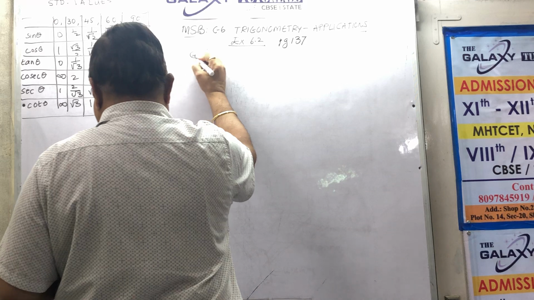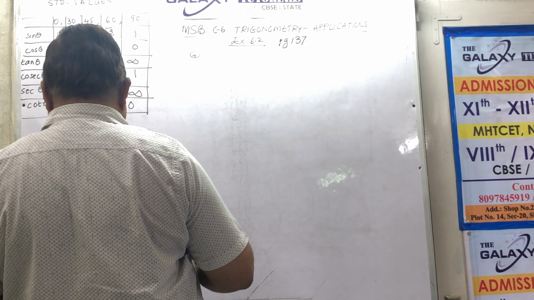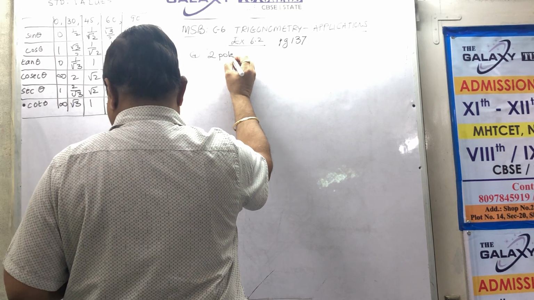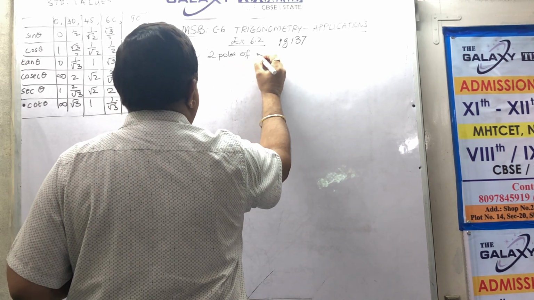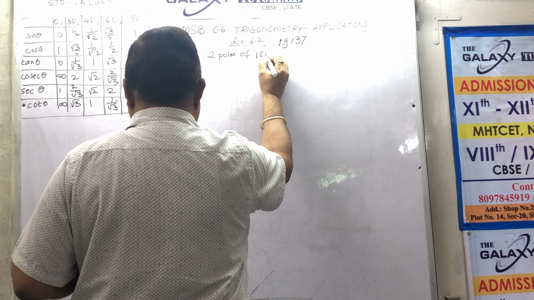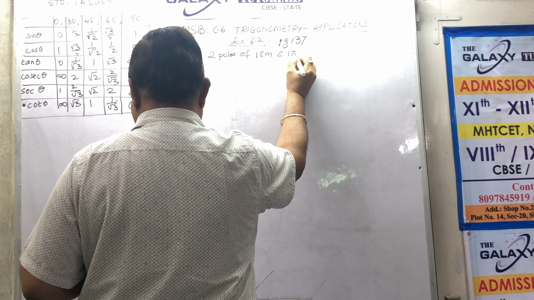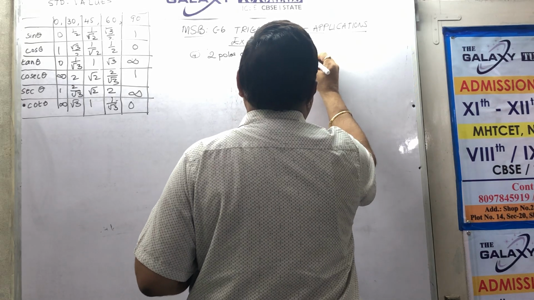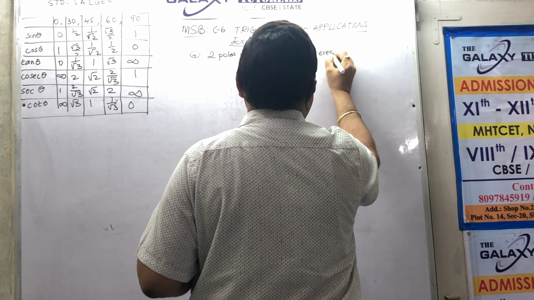Sum number 4. It reads: two poles of height 18 meters and 7 meters are erected on the ground. We are pushing them into the ground.